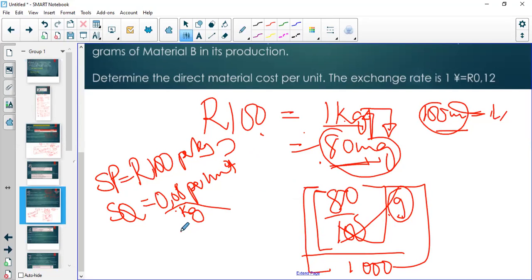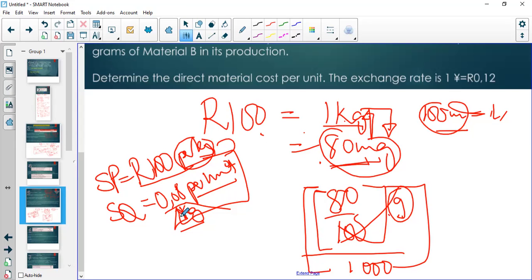Now you have the selling price as rands per kilogram, and the standard quantity as kilograms per unit. Now you can multiply those two because you have manipulated them so that the units of measurement agree with the units used in the standard price. They have to agree, all the time.